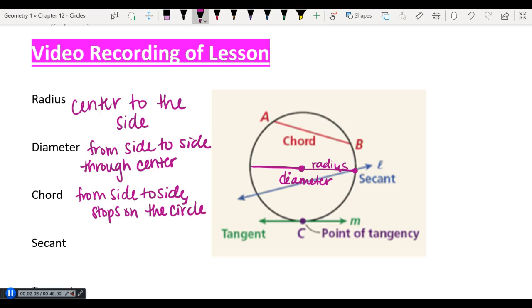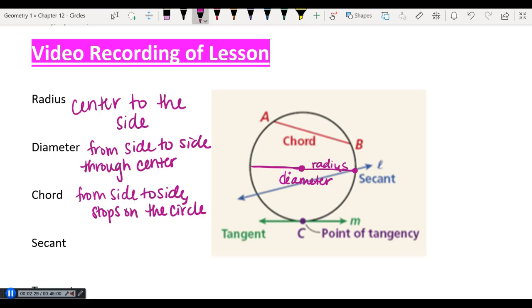So that's a chord. Diameters can be chords. They're just a special type of chord. But a chord goes from side to side and it stops on the circle.